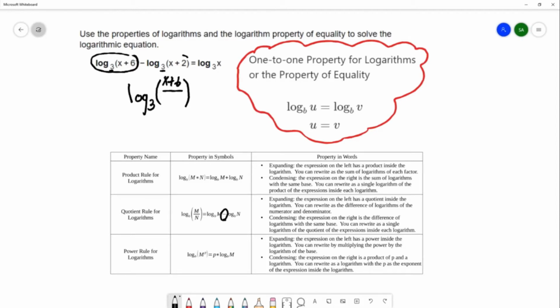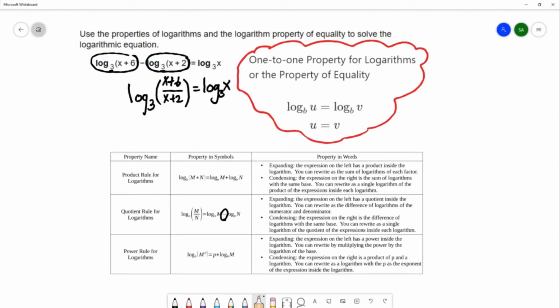In the denominator, we use the log that is negative, the x plus 2. You don't use the whole log, you just use what's inside the log. So our left-hand side can be condensed using the quotient rule to log base 3 of x plus 6 over x plus 2. The right-hand side, we didn't need to do any condensing to. So we have used that quotient rule to condense.